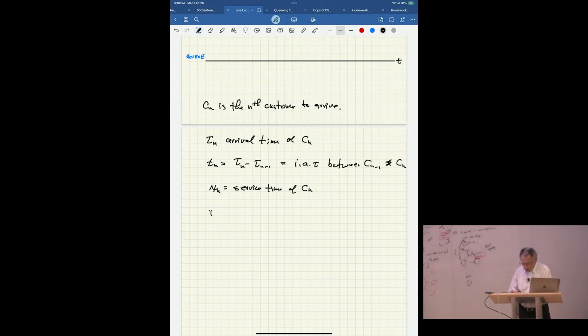So I'm going to say plus the things we're looking for, namely, and I'm going to write this in blue for me, Q sub n equals the number of customers left behind by departure of Cn.